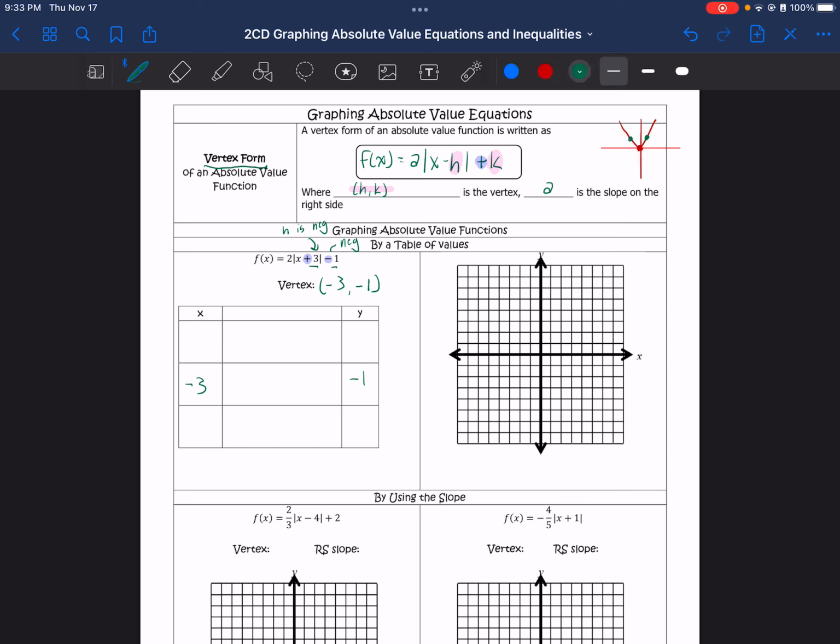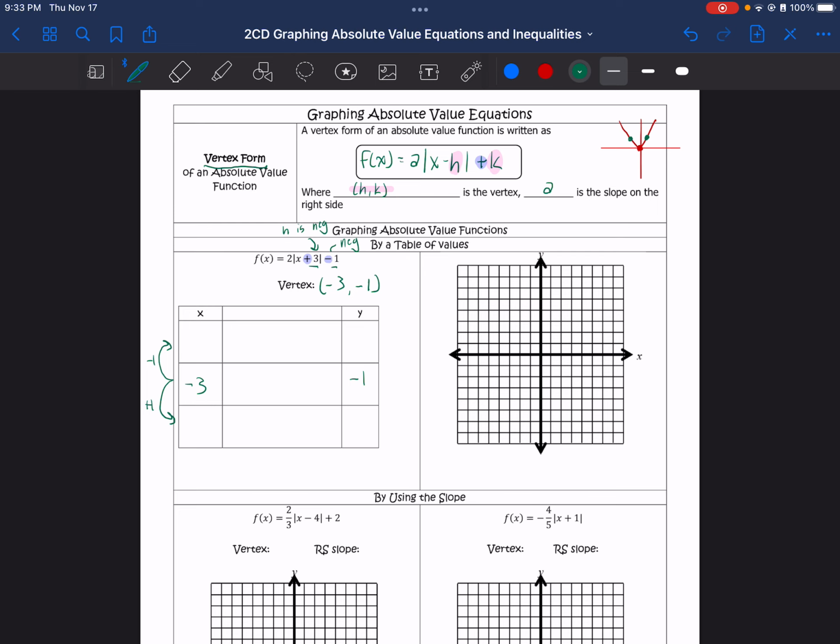To visualize this, or to help us plot points in that manner, we are going to move one step up from x and one step down from x. So we're going to subtract 1 from our vertex and add 1 to our vertex, right?